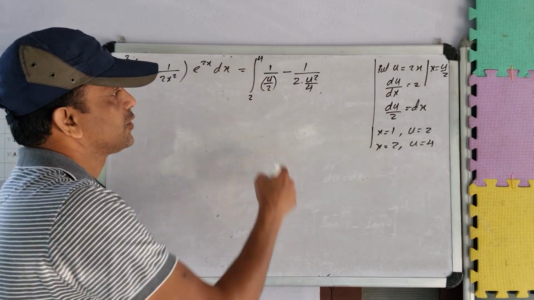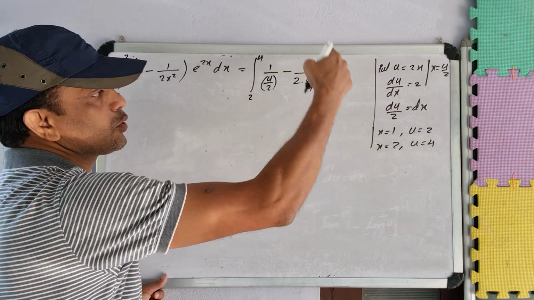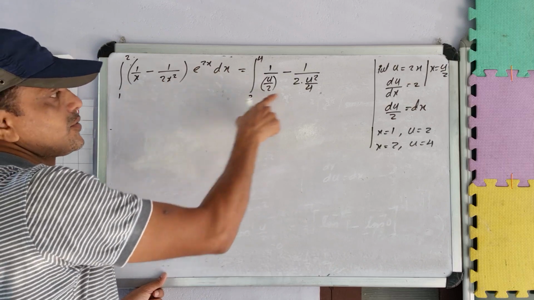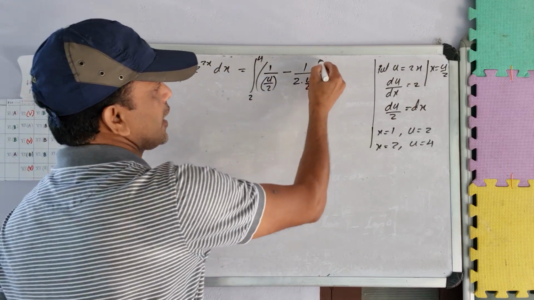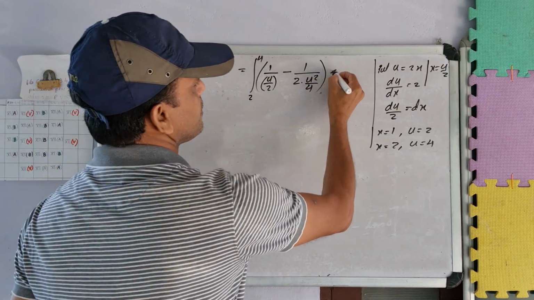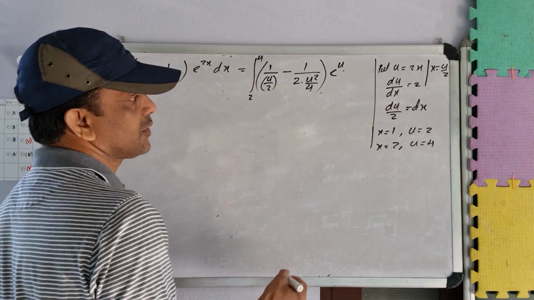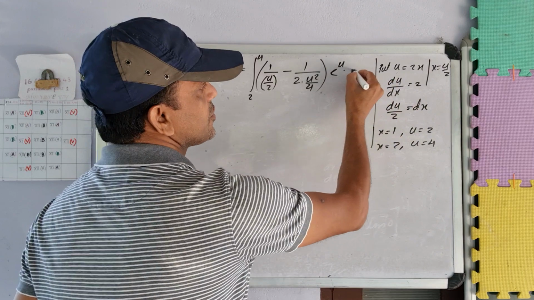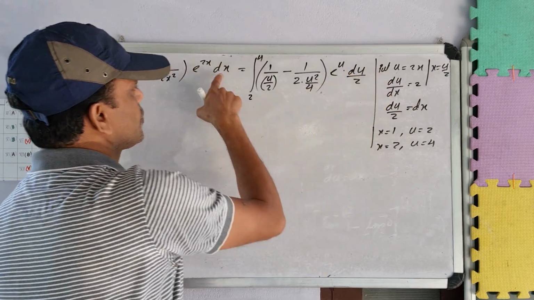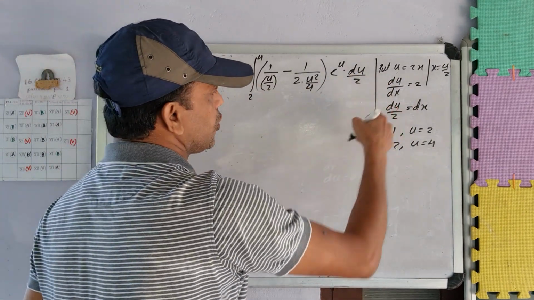Hope you understand. So x squared is u squared over 4, times e raised to 2x, which is taken as u, so e raised to u, times dx, which is du over 2. So instead of dx, we can write du over 2.